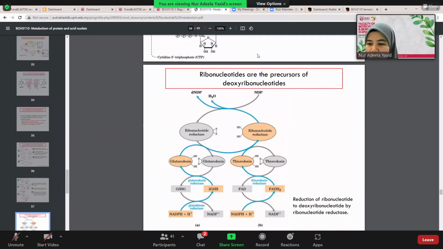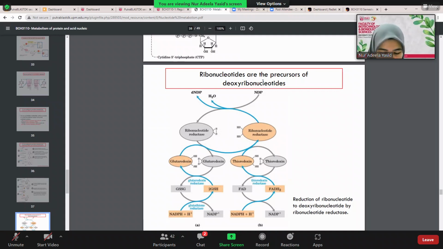One is the precursor of the deoxyribonucleotide. The second is the enzyme, ribonucleotide reductase, which is associated with thioredoxin. It also has these sulfhydryl groups, which are involved in the formation of deoxyribonucleotides.